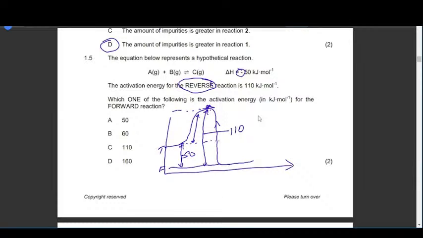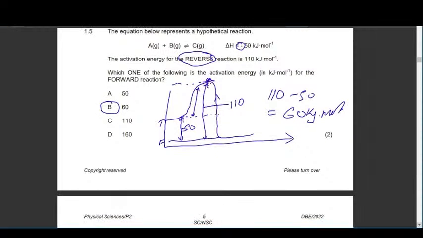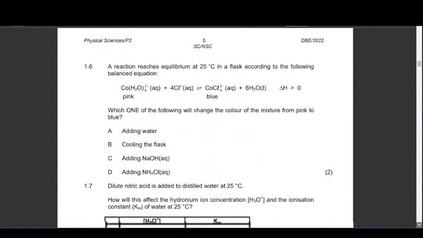So if I have 110 minus 50, so what is the remaining balance? The answer becomes 60 kilojoules per mole. So I come here and I look for that 60. So it becomes B. So that is the activation energy for the forward reaction.